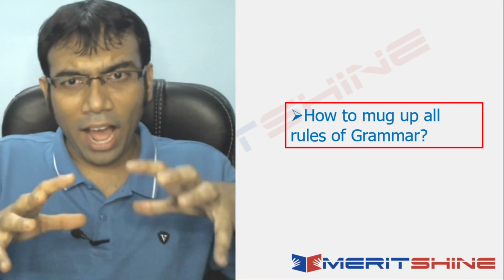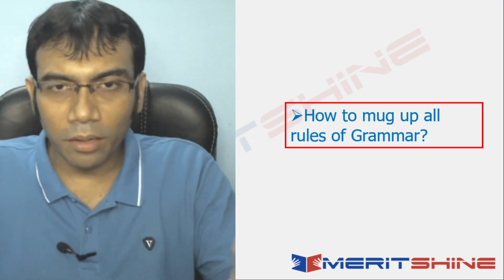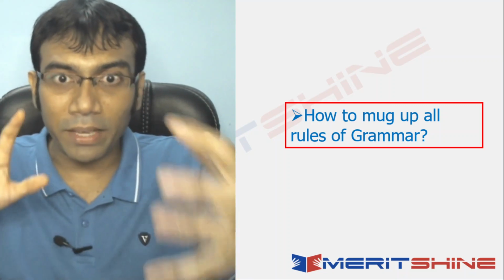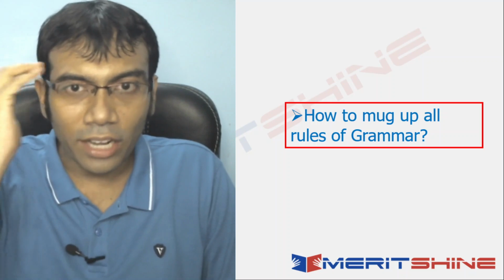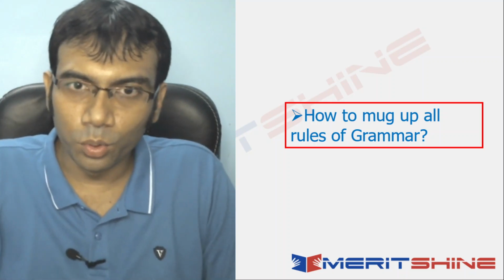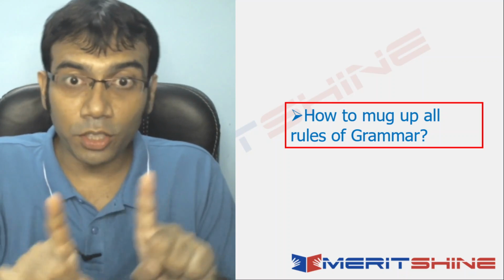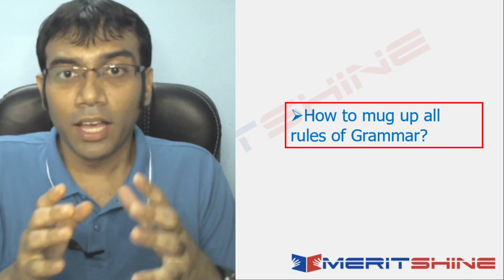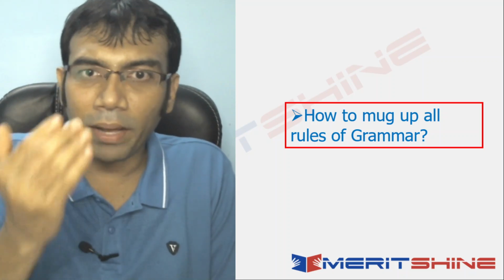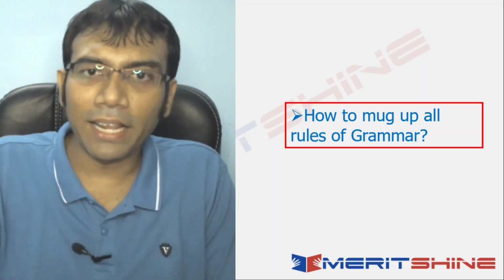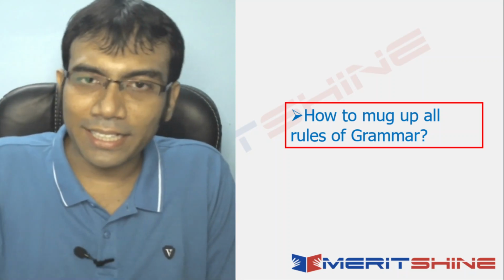Obviously, you need to have an idea of those concepts, but then would you need to mug up all of them in a way so that you have all of them, 1,000 of them ready, reckoner in your mind? No, you don't need to do that. So don't try to mug all of them up. That does not mean you do not remember those concepts, but there are no 1,000 concepts, there are no 200 concepts. You saw in my playlist, right, in grammar playlist, there are 30 to 40 concepts that are there, but that is it.